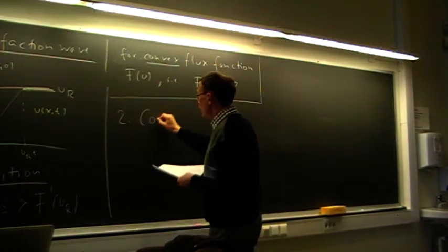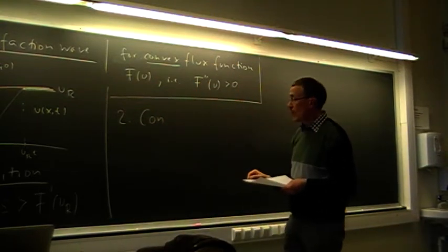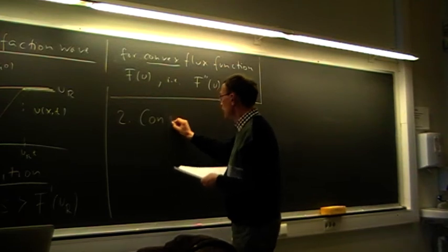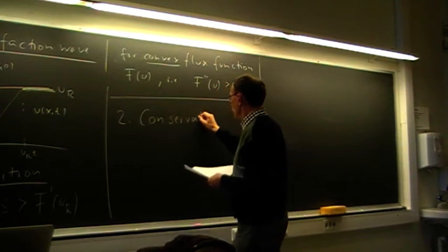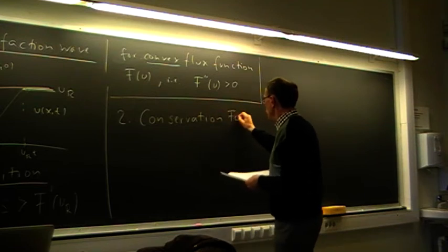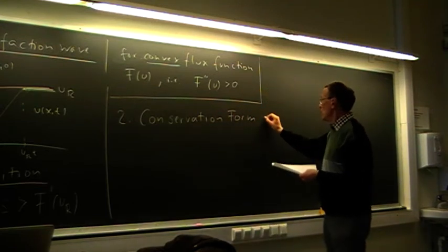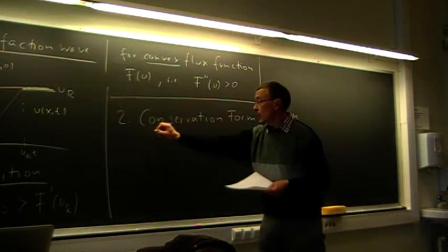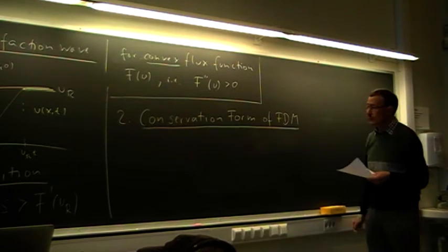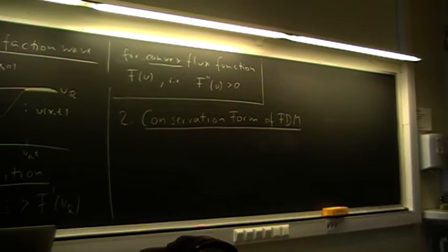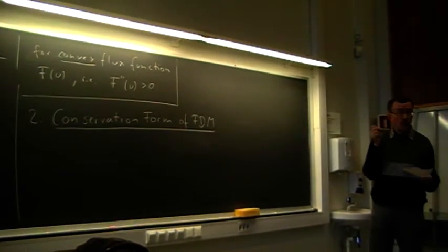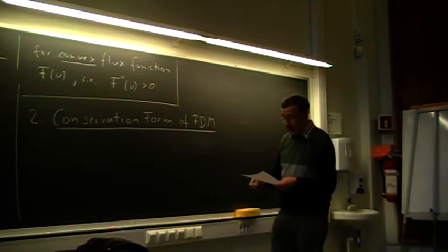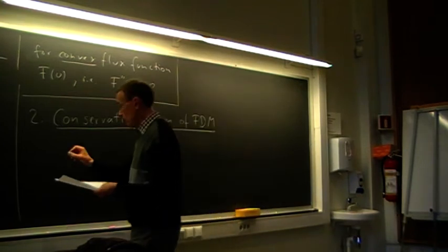That will bring us to chapter 2 after the mathematical and physical classification, entitled the conservative or the conservation form of finite difference methods to do the discretization of conservation laws. So why is that important? Well, we could try a non-conservative form, and we will see what the problem is with that.